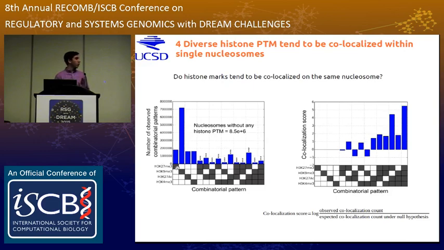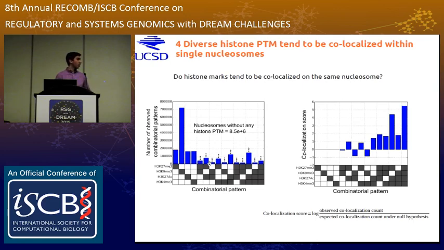For example, here, nucleosomes that only contain H3K27 methylation. Here, nucleosomes that contain all 4, and anything in between. We found that most of the nucleosomes carry only one histone mark, especially H3K9 methylation, but there was a significant number of nucleosomes having at least 2 histone marks.